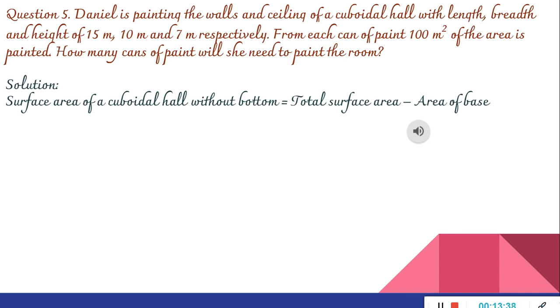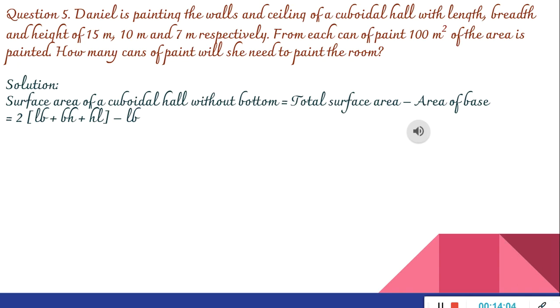So here, how could we find? Let's see. Surface area of the cuboidal hall without a bottom, because bottom we don't want to paint, right? So total surface area minus area of base. So total surface area, what is the formula? 2 into length breadth plus breadth height plus height length, right? Then minus area of base, that is in rectangular shape.